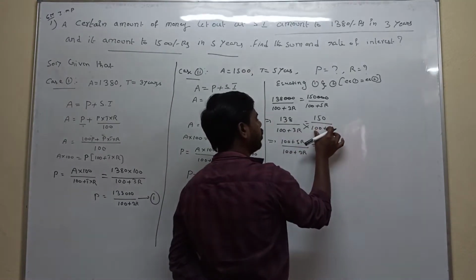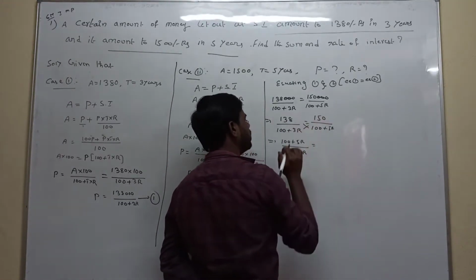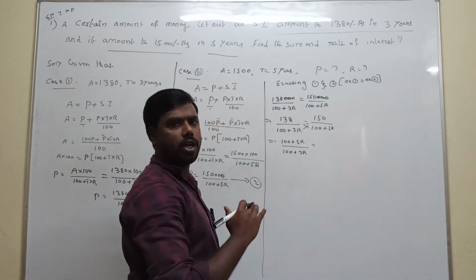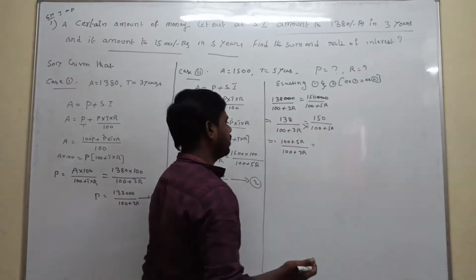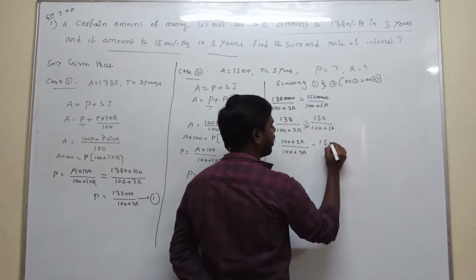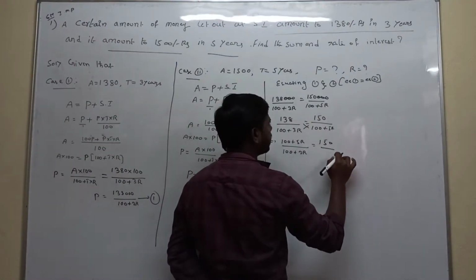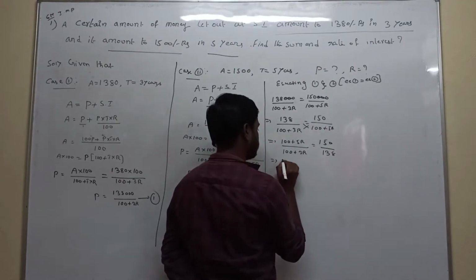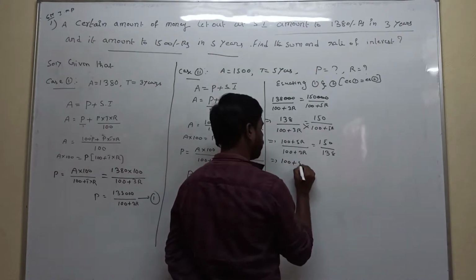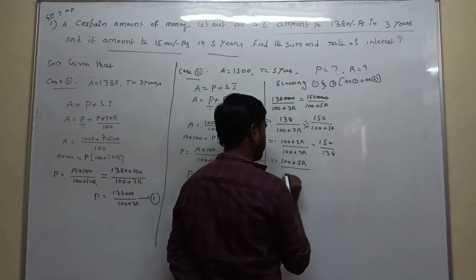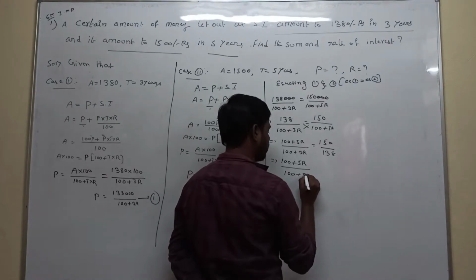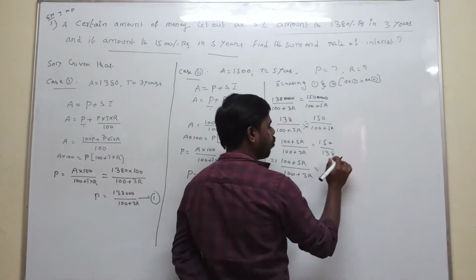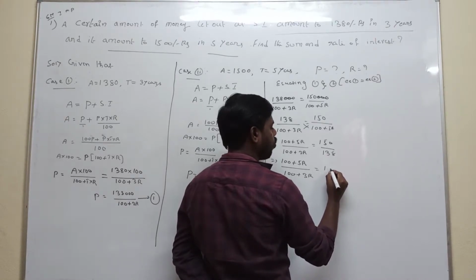I am taking the 100 plus 5R on one side and the remaining constants on the other side. So 100 plus 5R divided by 100 plus 3R is equal to 150 divided by 138.